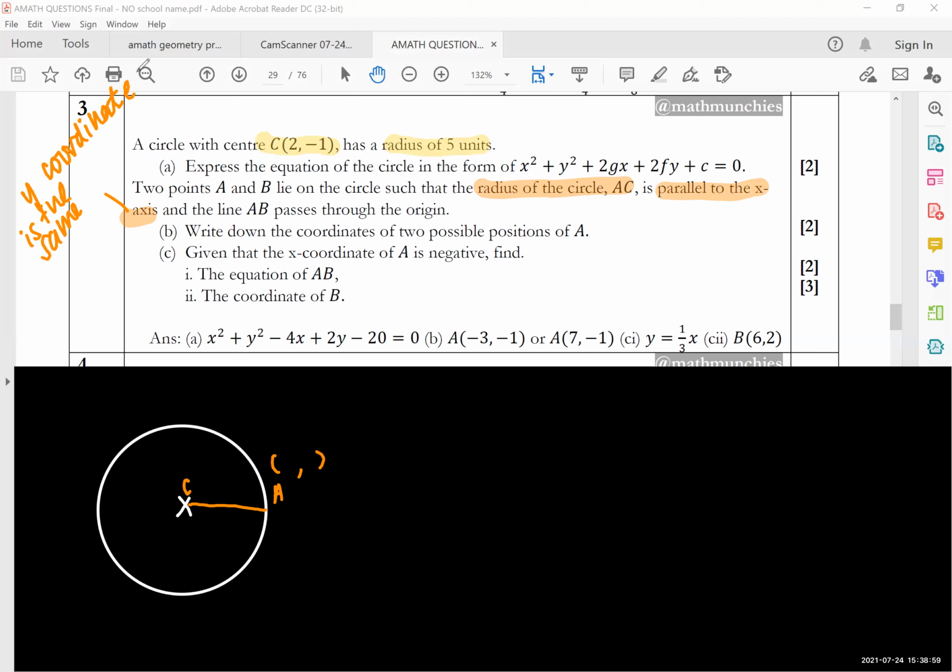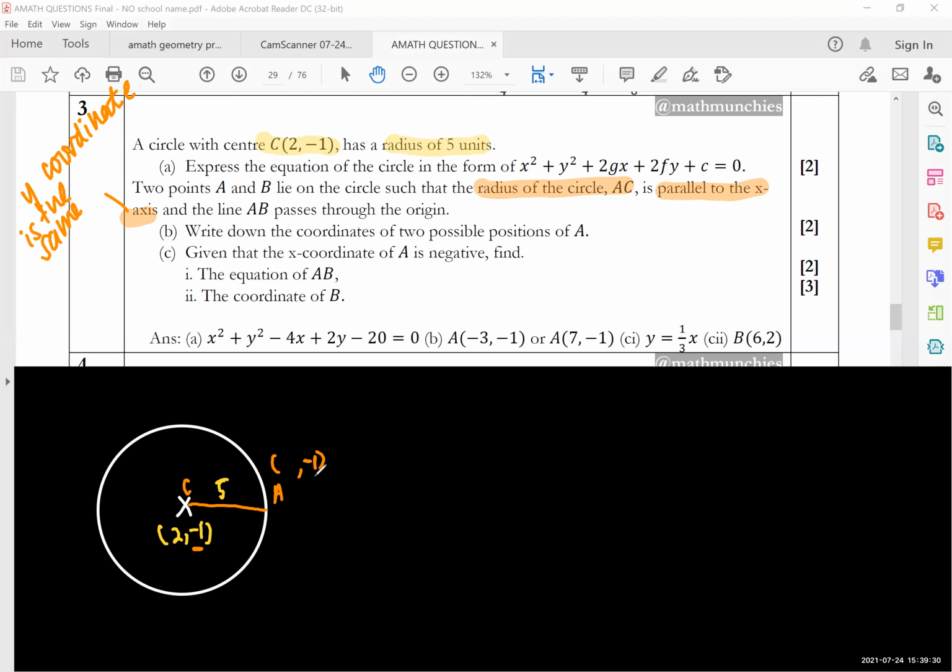All right, so what is the center? Do we know what's the center? 2 and -1. Do we know what's the radius? 5, right? So if we know it's 2, -1, and we know that for sure the y coordinate is the same, then your A is 2 plus 5, 7, because I know here's the same.